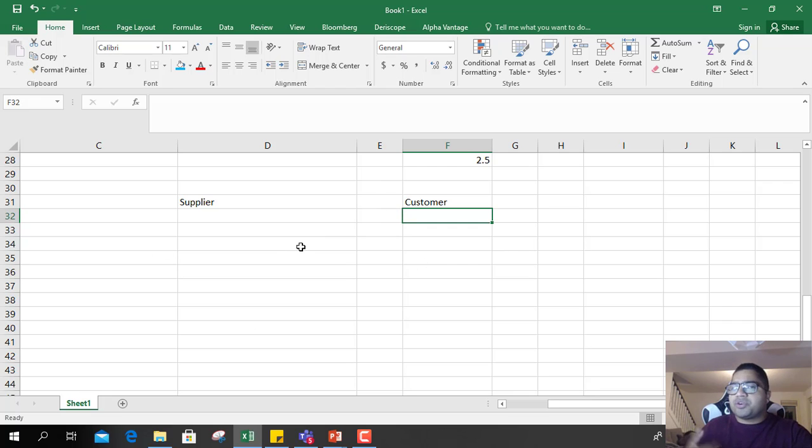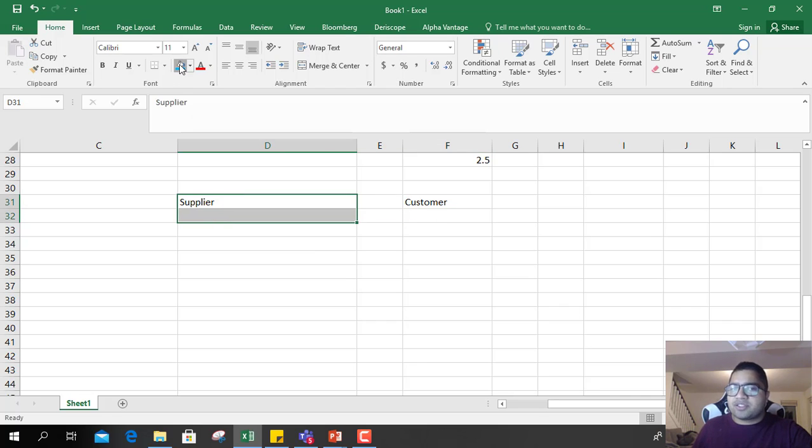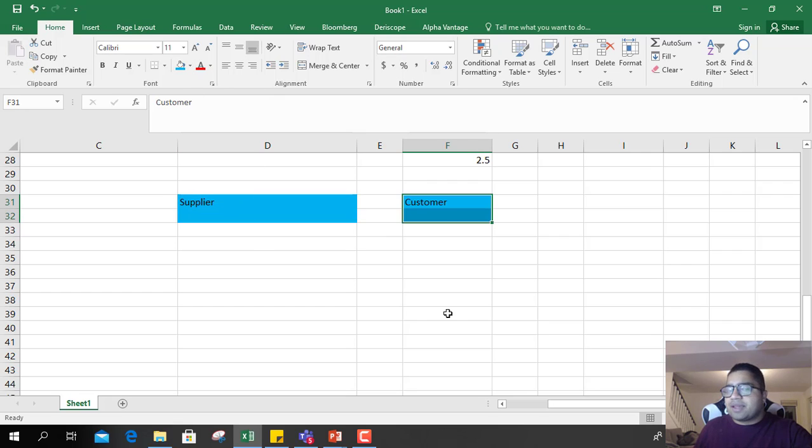Now, how would you ideally want your firm to function? You want your suppliers to extend maximum credit and you want your customers to pay sooner. You don't want to extend credit to your customers, because when suppliers extend you credit, they give you money to use. When you extend credit to customers, you provide money, you finance your customers. You don't want to do that.